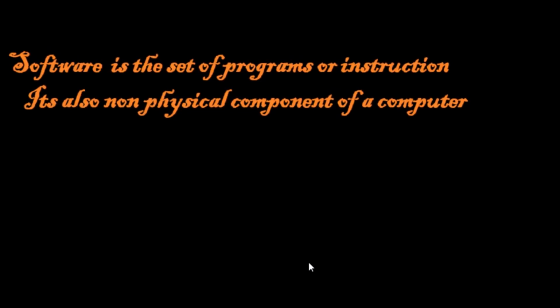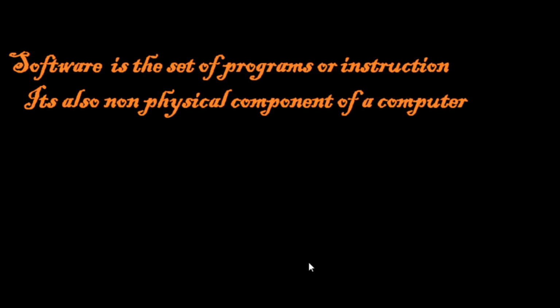It is also a non-physical component of a computer. We can see everything, but we can't touch it. This is software. So software is a set of programs or instructions.